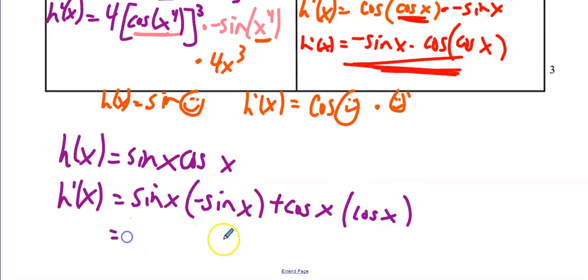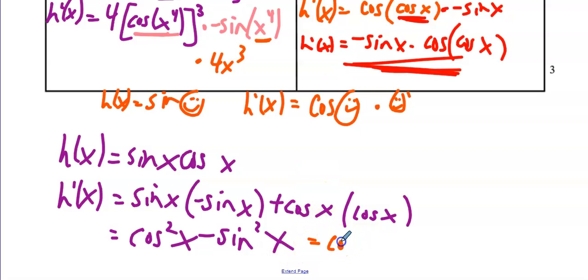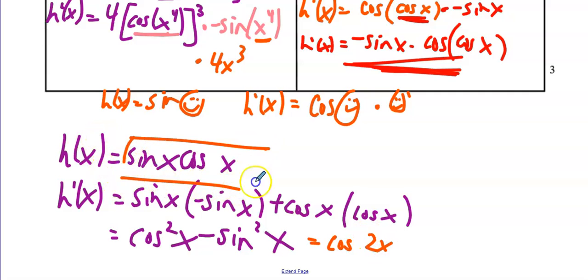And so you're going to get cosine squared x minus sine squared x. And this is one of our lovely identities, which is going to be cosine of 2x. So that's actually kind of nice that the derivative of sine x cosine x is equal to cosine of 2x, which is a nice little identity for us.